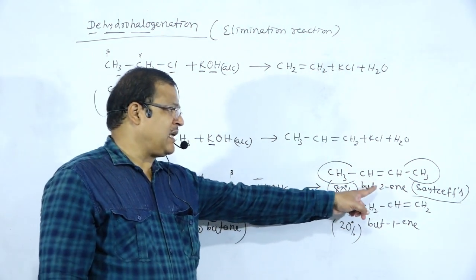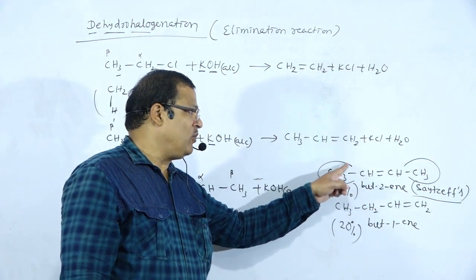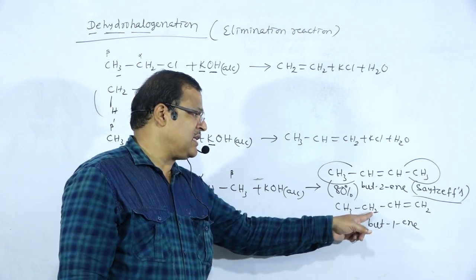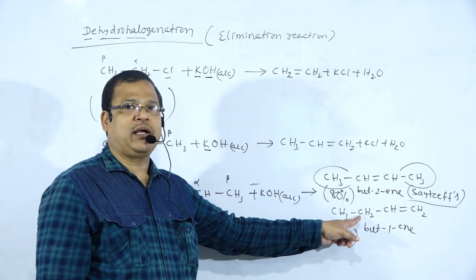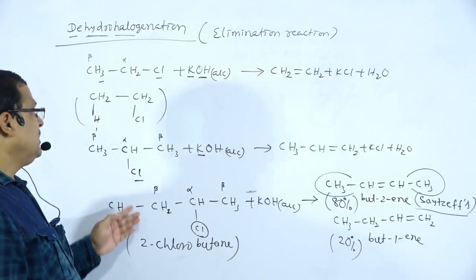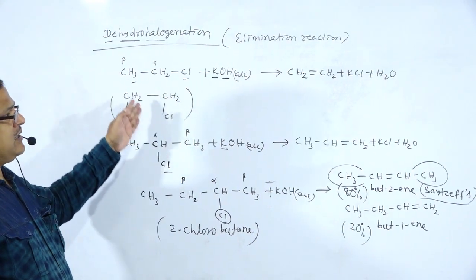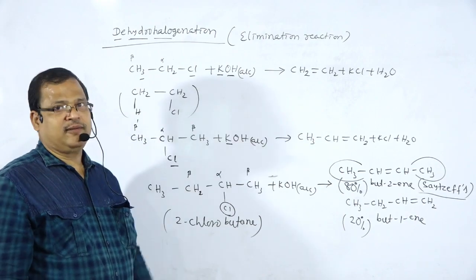Double bond occurs at higher position, in this case 1, in this case 2, higher position, or more alkylated that contains 6 alpha hydrogen atoms. This is less alkylated, only containing an ethyl group, where there is the presence of only 2 alpha hydrogen atoms. So this is regarding dehydrohalogenation, that is elimination reactions of alkyl halide to form alkene.